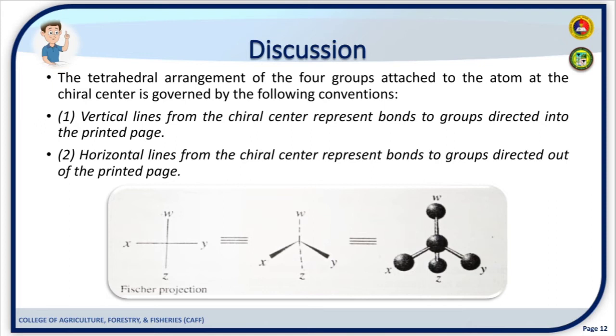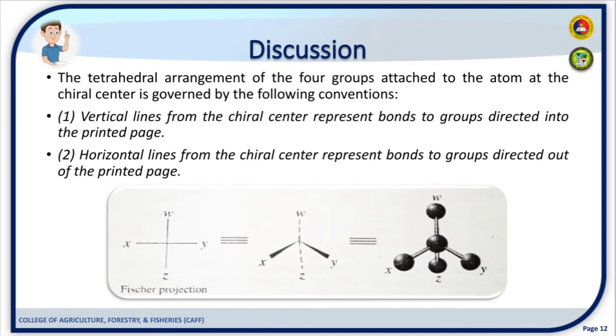I have mentioned previously that the horizontal lines and the vertical lines represent the atoms that are pointed either towards the viewer or away from the viewer. Again, the horizontal lines represent the atoms that are pointed towards the viewer.